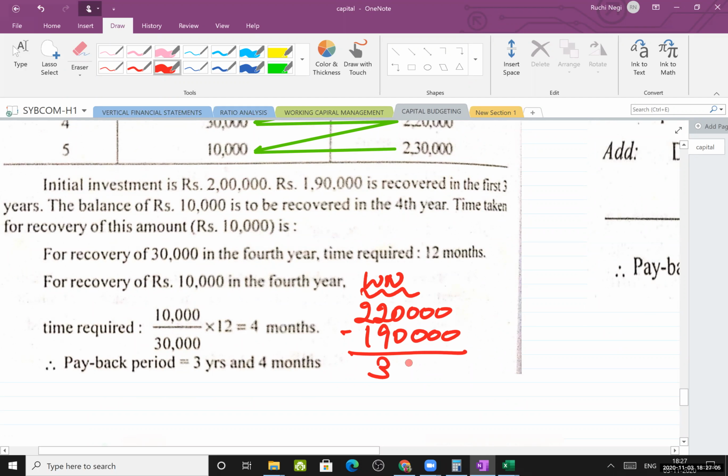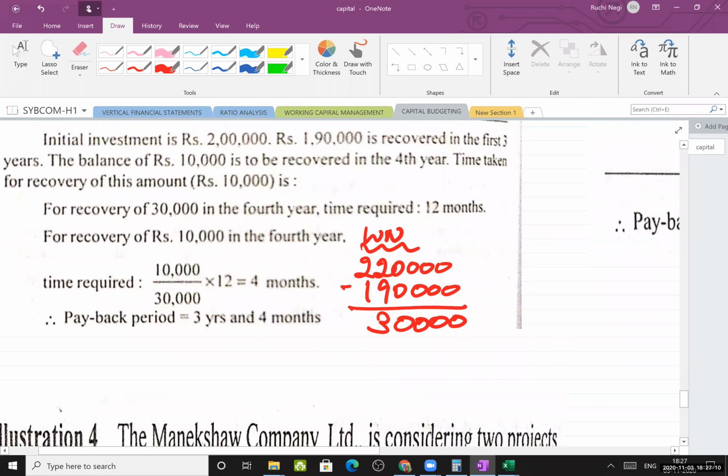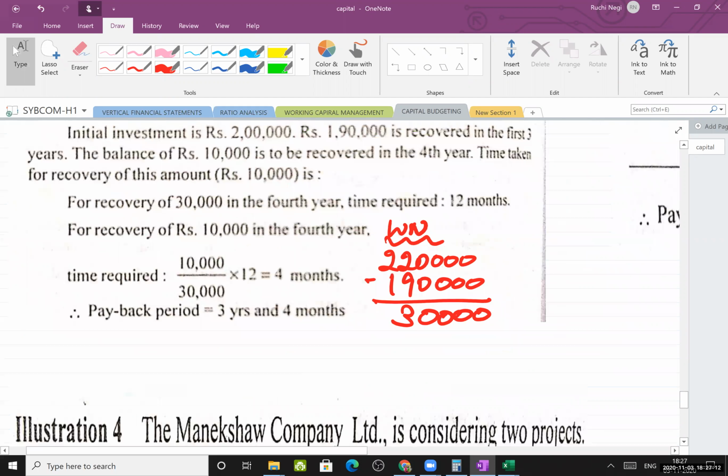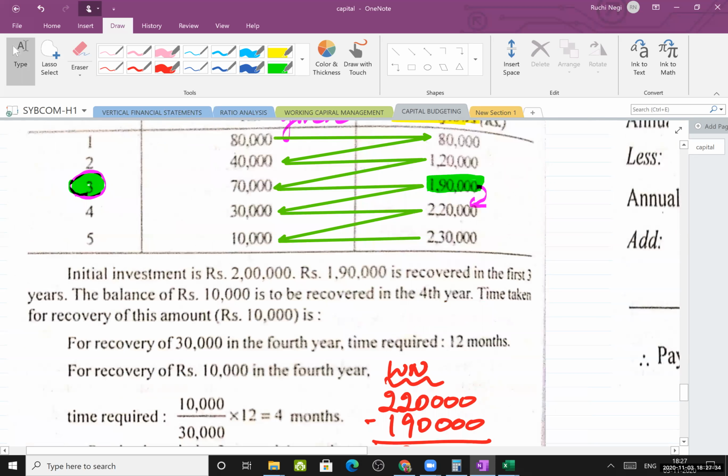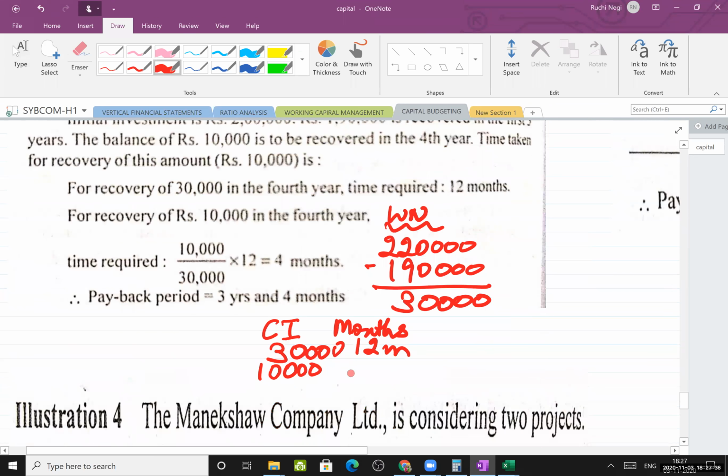The gap is 30. So this 30,000 cash inflow is for 12 months. How much more do I need? 10,000 more to complete 2 lakhs. So cross multiply, I will get the answer.